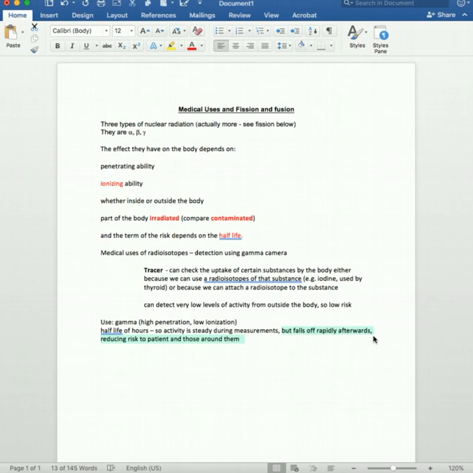So one of the purposes that we use radioisotopes for in medicine is as a medical tracer. One of the other purposes is for radiotherapy. Radiotherapy, as you probably know, is where you are killing cancer using ionizing radiation.